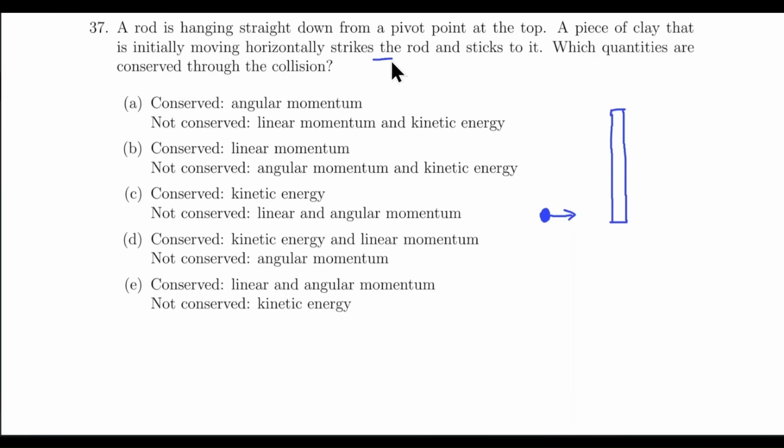And since it sticks to it, there is no point of conserving the kinetic energy as well, because we know that whenever it sticks, the kinetic energy is lost, right? It is only conserved in elastic collision. This is a perfectly inelastic scenario. So in the conserved, I should only have angular momentum, and in the non-conserved, yes, linear momentum and kinetic energy both are not conserved. So it has to be option A.